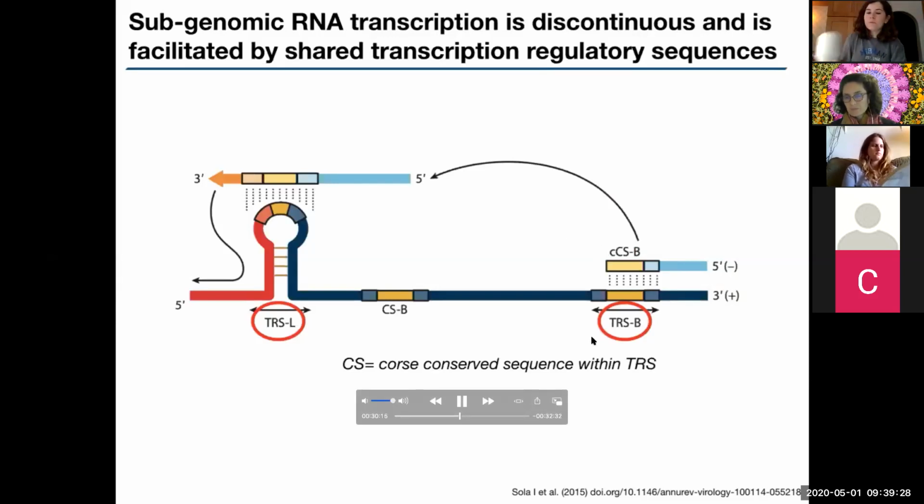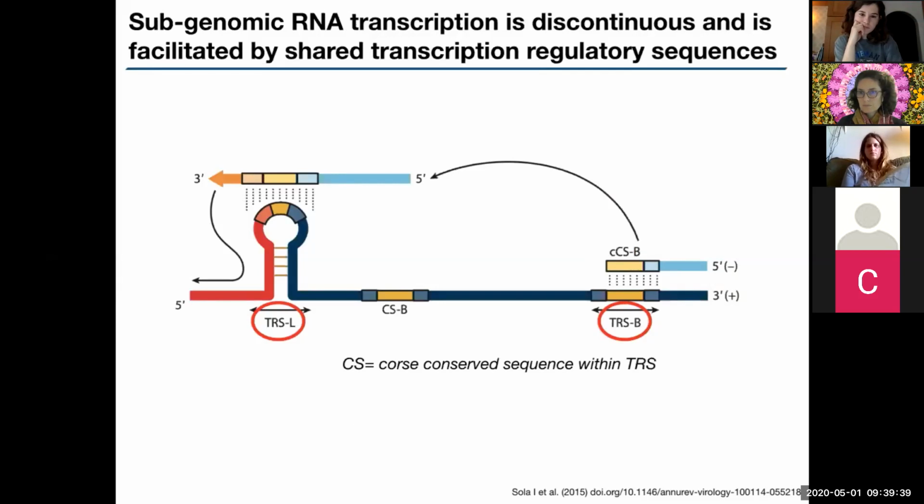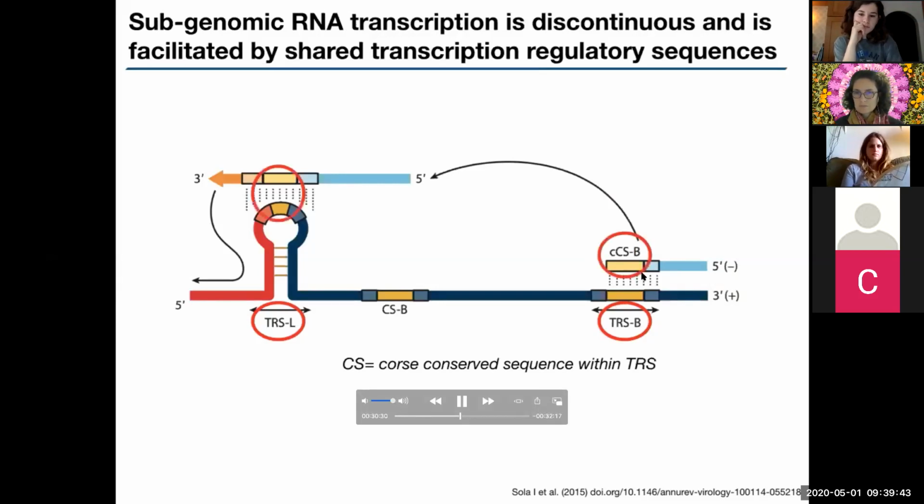As the polymerase is coming and copying the genome, it's going to reach these TRSs, which are at the 5' end of each of the genes. There's a core, highly conserved sequence within these TRSs. This is called the core sequence, or CS, denoted here in yellow.